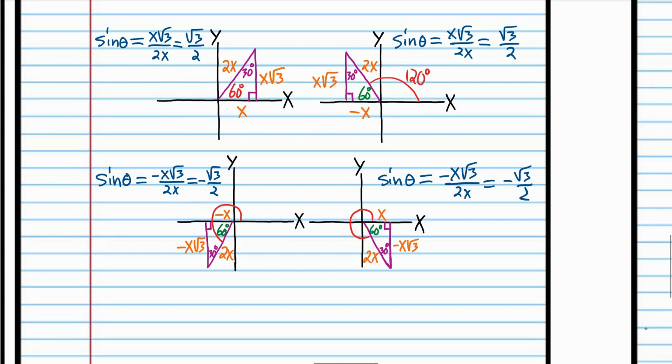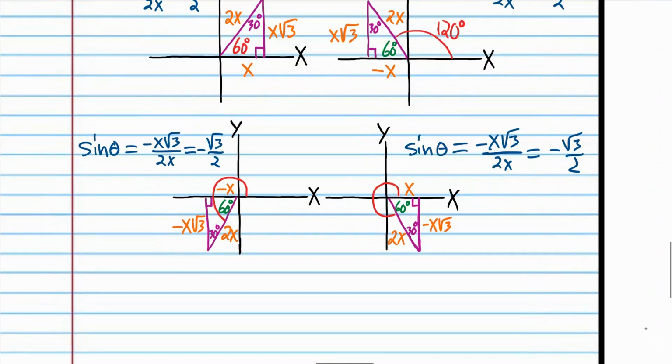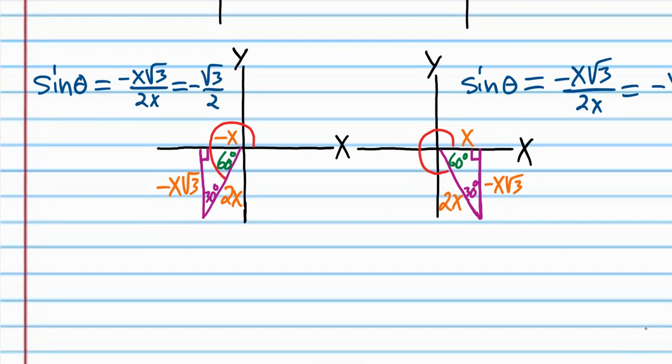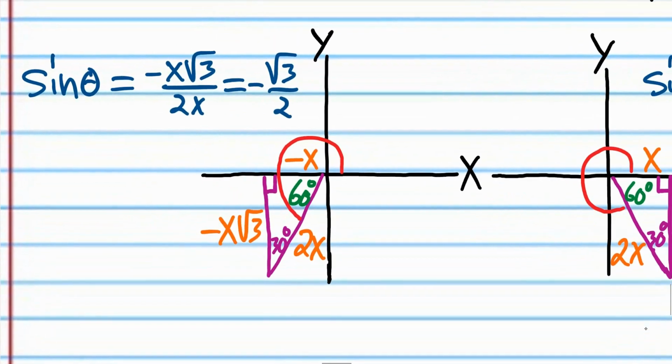So the third quadrant and fourth quadrant triangles work. So what are the angles that you have to plug into the function? Well, if this green angle is 60 degrees, then the red angle would have to be 180 plus 60, which is 240. Again, you rotate 180, and then you go 60 more, and that's the red angle that we're looking for.